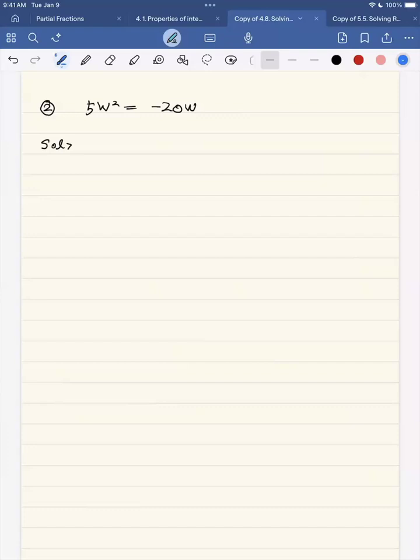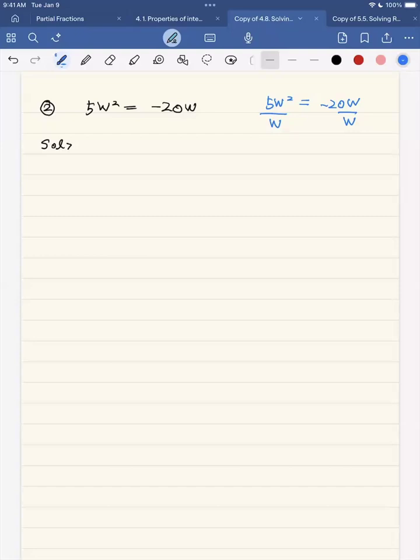The next problem is 5W squared equals minus 20W. What I want to say first is you may be tempted to divide by W because W appears on the left side and right side.